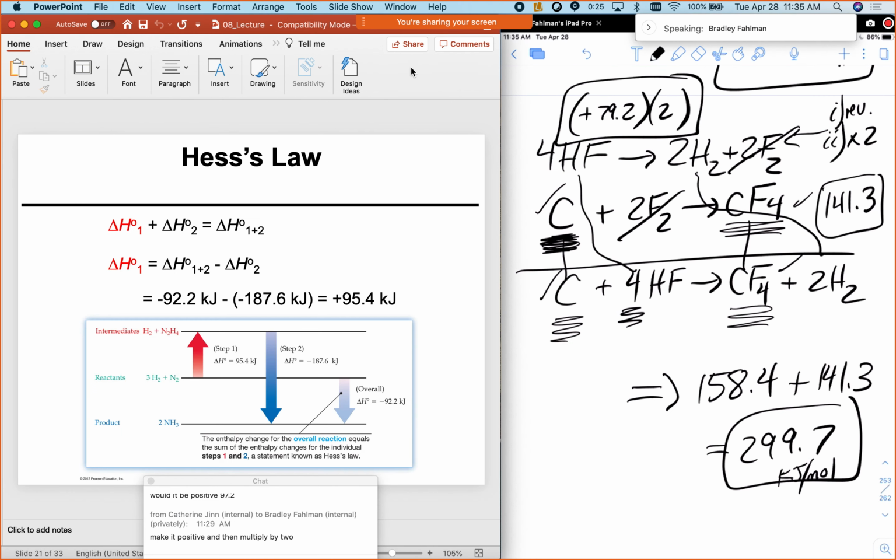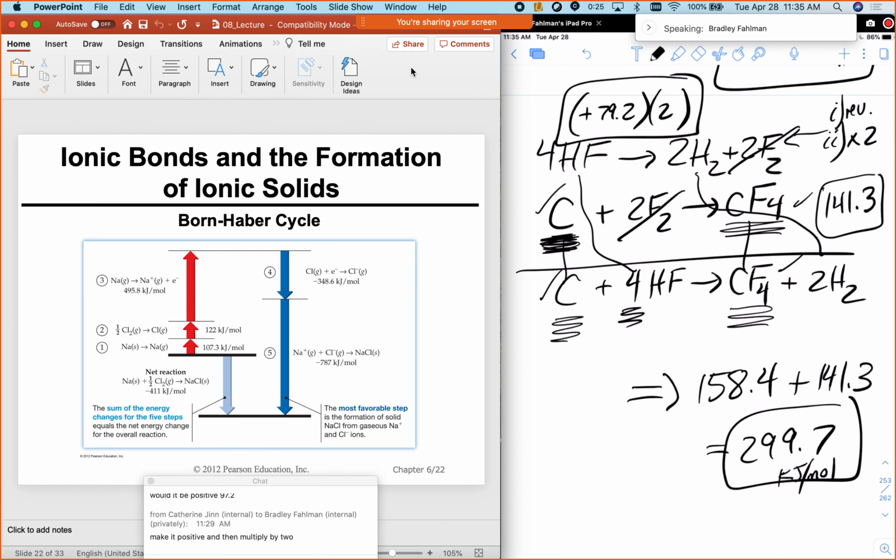So Hess's law, we're not going to go into this in any big detail. In 132, we get more into this, but this is just showing you what are called Born-Haber cycles. It's something that describes the energetics behind dissolving or forming a salt from its elements.